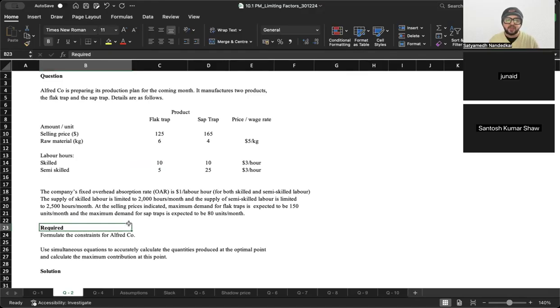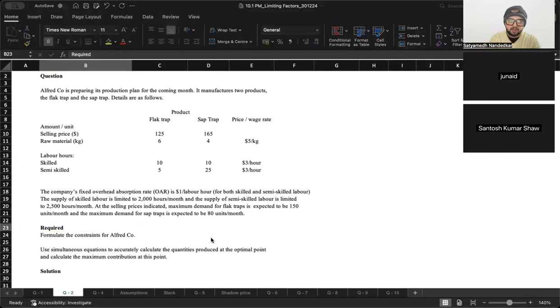The supply of skilled labor is limited to 2000 hours per month and the supply of semi-skilled labor is limited to 2500 hours per month. So you know what is the limiting factor. At the selling price, maximum demand for flag trap is expected to be 150 units per month and maximum demand for the sap trap is expected to be 80 units per month. So there is an upper limit also.